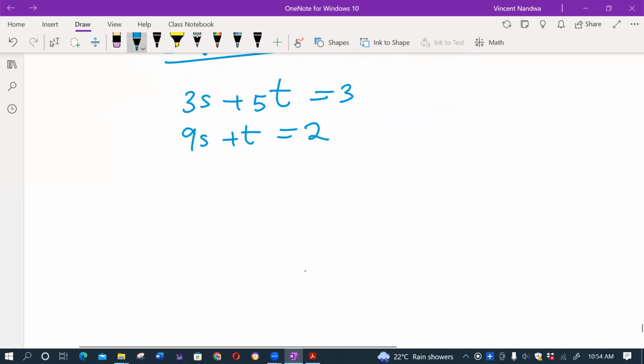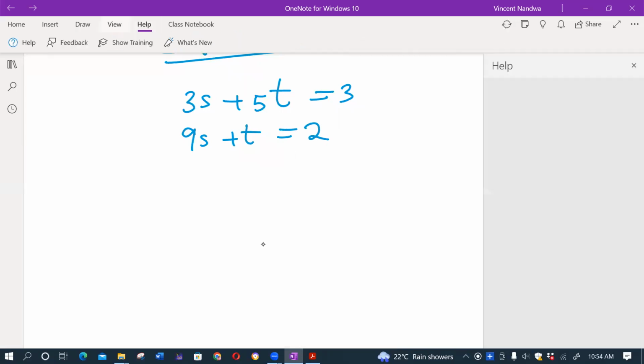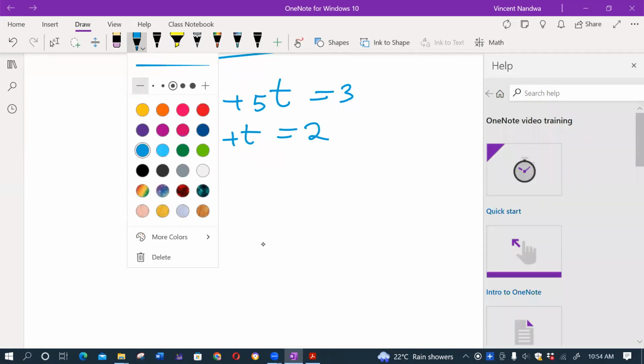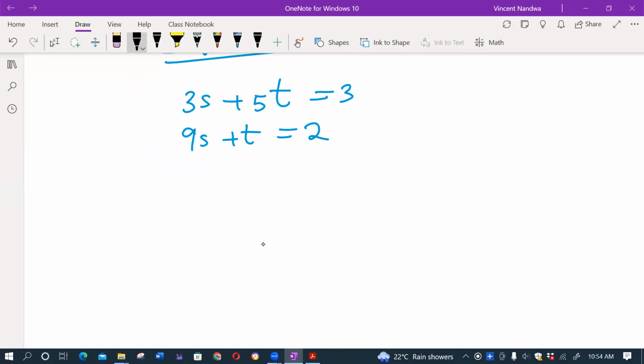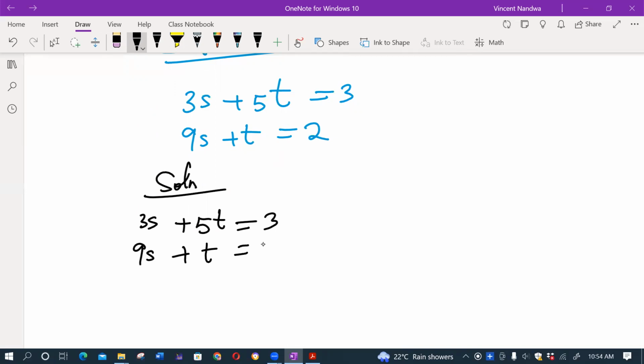So here, we are going to say 5t plus 3s equals 3, 9s plus t equals 2.